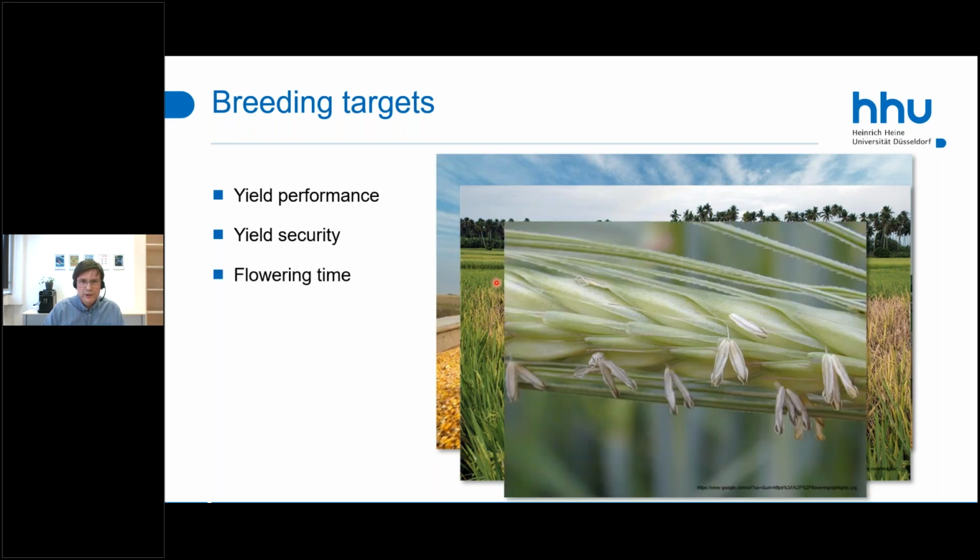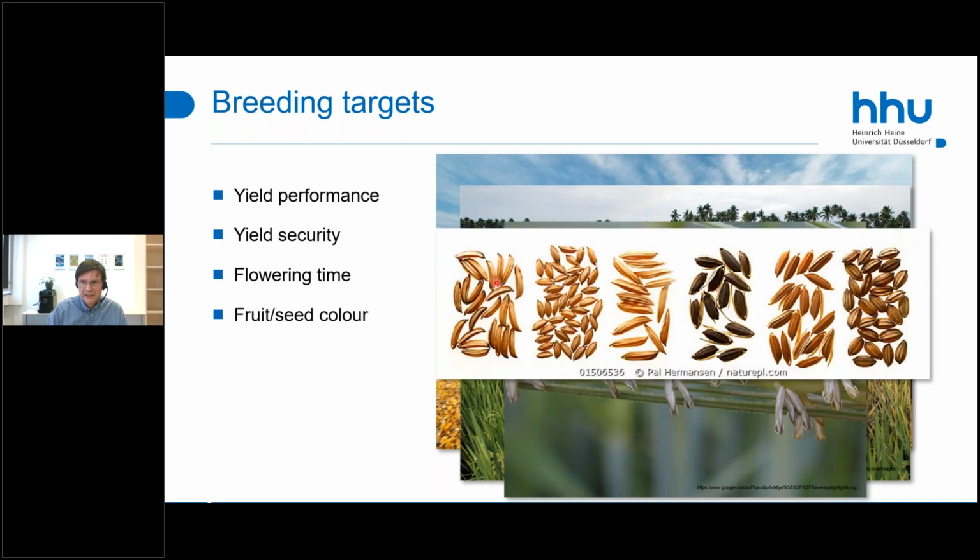Then, of course, one of the breeding targets is flowering time. I briefly mentioned that we are using locally adapted material, and this means that for the same species, you have to adapt the plants to the local requirements. One of those is the flowering time. Then another breeding target is fruit or seed color.